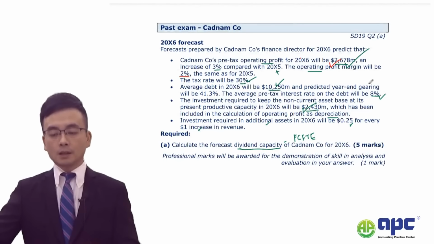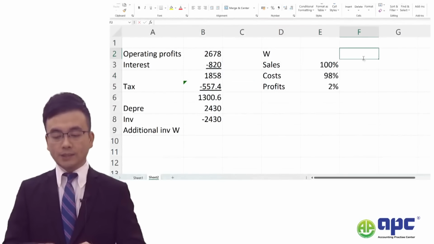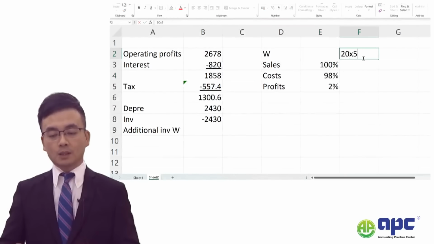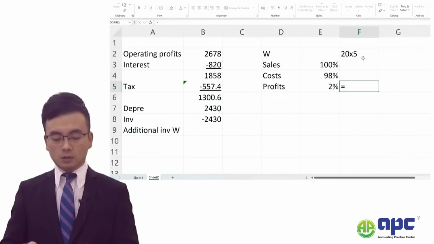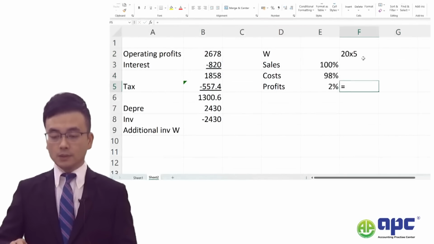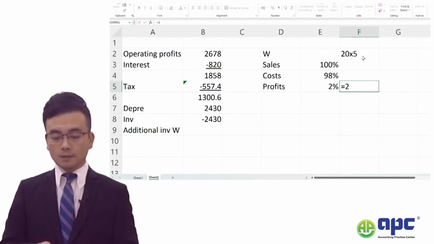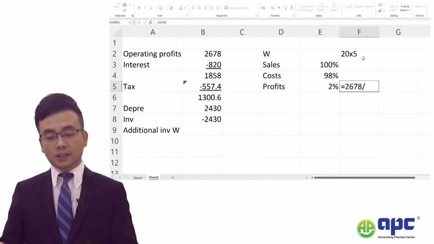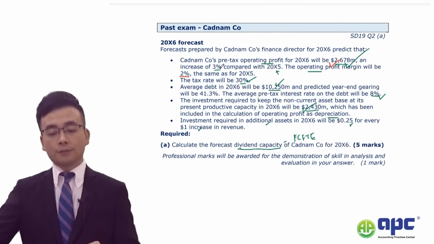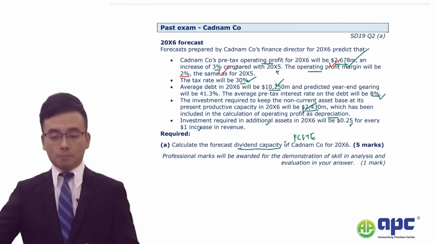And it's because we are told that current year there's 2678. So how about in 20x5, which means last year? As I said, now this year is 2678, because that has incorporated 3% increase in profit.